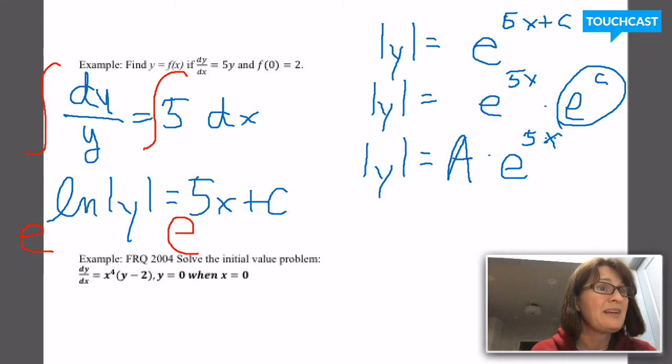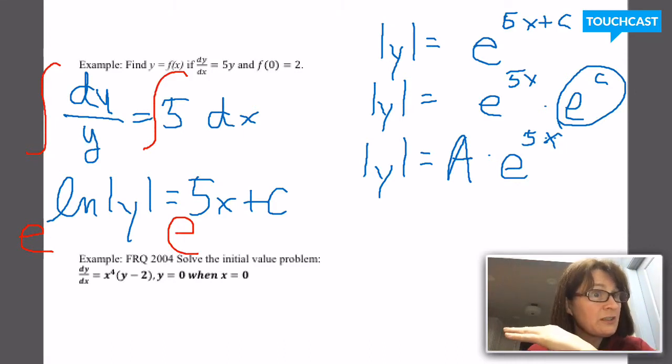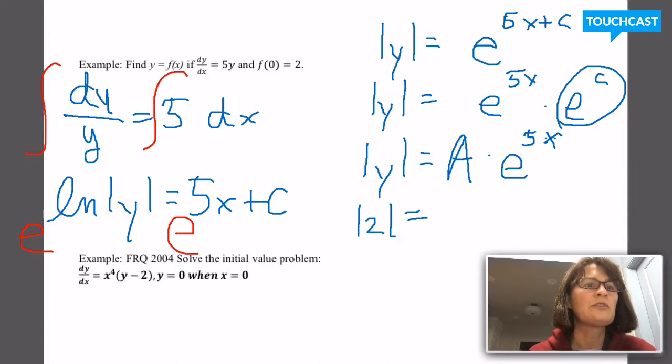My next step is to figure out what A is. For the other separable differential equations that we solved, I took a moment and I stopped and I figured out what c is. So that's kind of what I'm doing here. I'm going to use this initial condition. So the absolute value of 2 is equal to A times e to the 5 times 0.